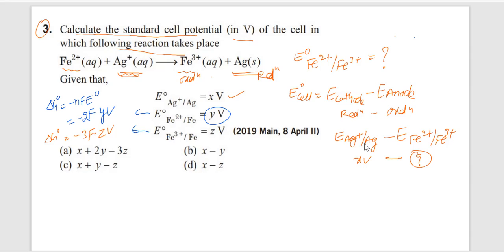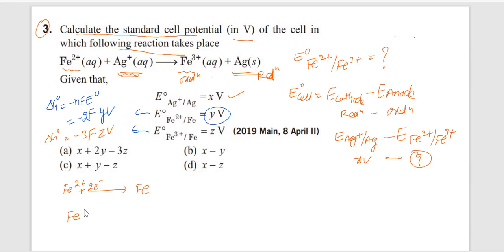Now come to the main question here. We need that Fe2 plus to Fe3 plus, right? Here Fe2 plus to Fe is given, taking 2 electrons, right?